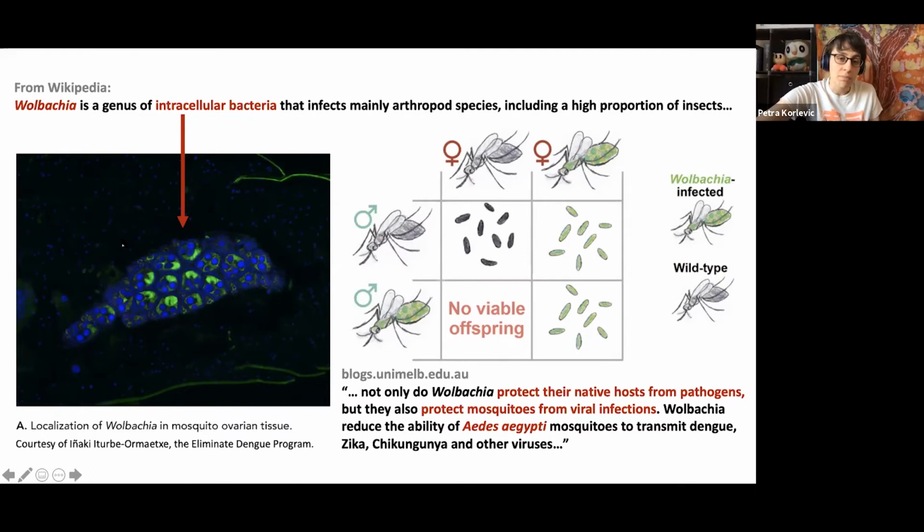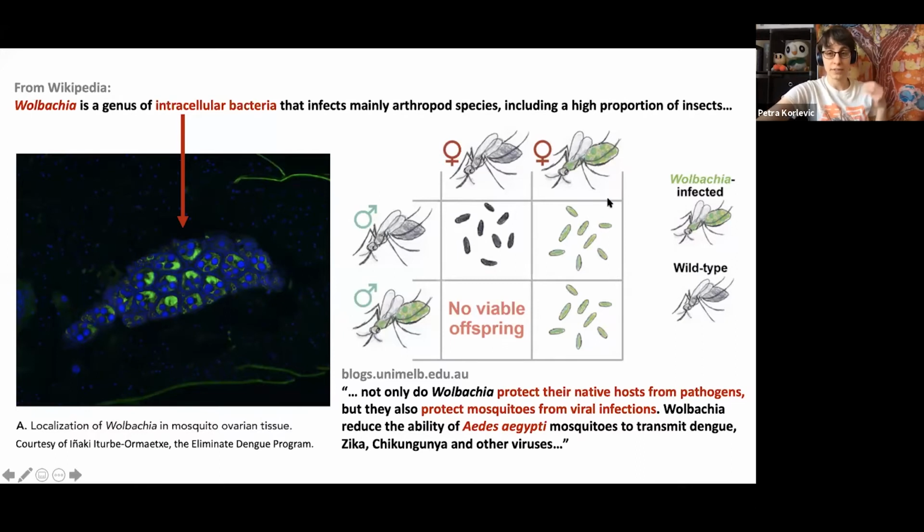If you look at the picture here, this is an ovary of an Aedes mosquito. In green, it's the mosquito cells, and in blue, it's the Wolbachia sitting inside of these cells. Female mosquitoes that are infected with these bacteria, their offspring have a better chance of surviving.